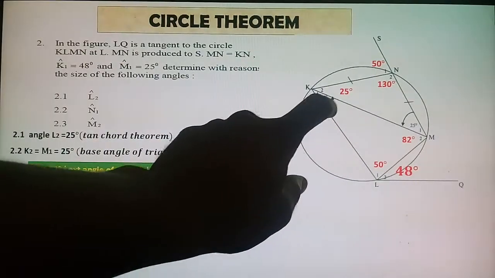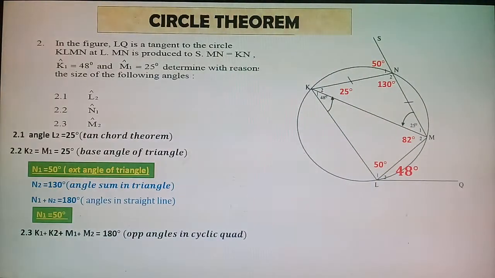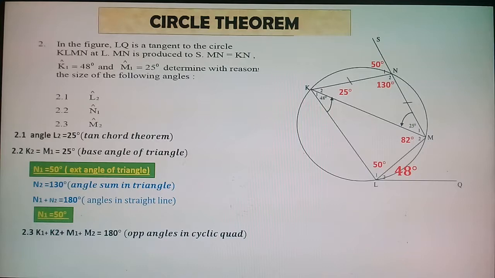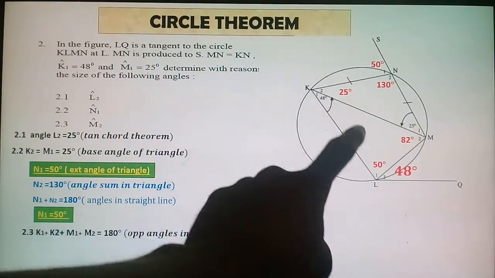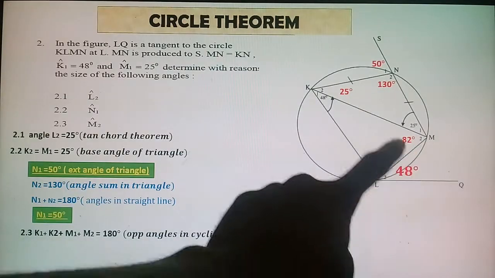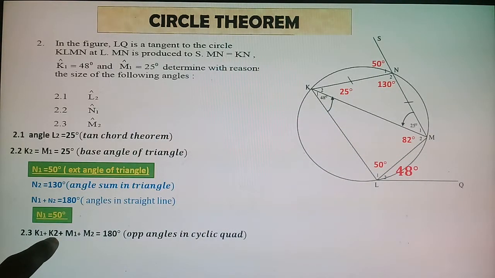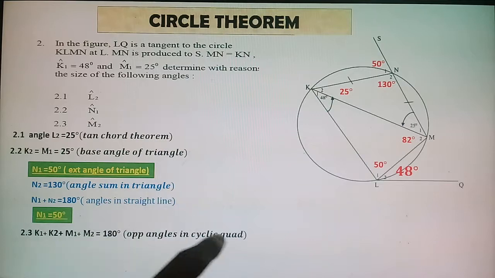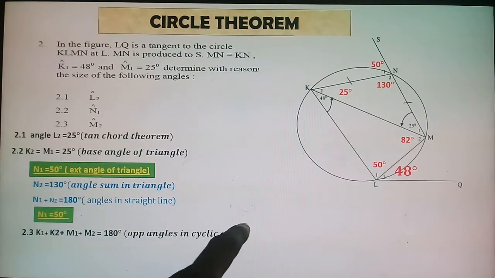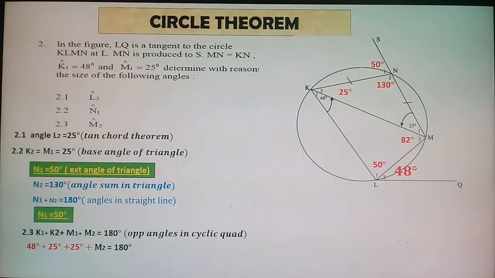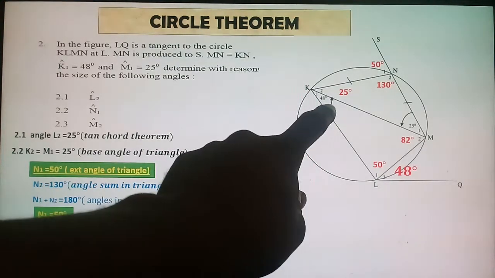But we know that the opposite angles in a cyclic quadrilateral add up to what? 180. K1 plus K2 plus M1 plus M2 equals 180 degrees, because of the reason opposite angles in a cyclic quadrilateral. Then you substitute your K1 there. Where is your K1?